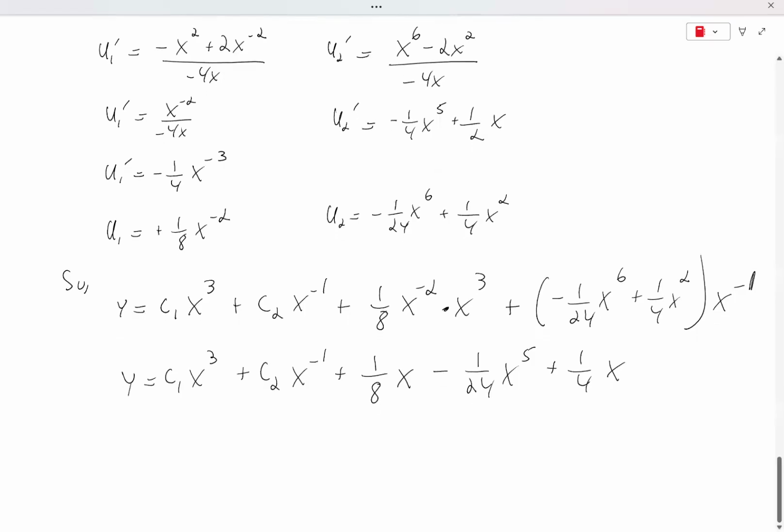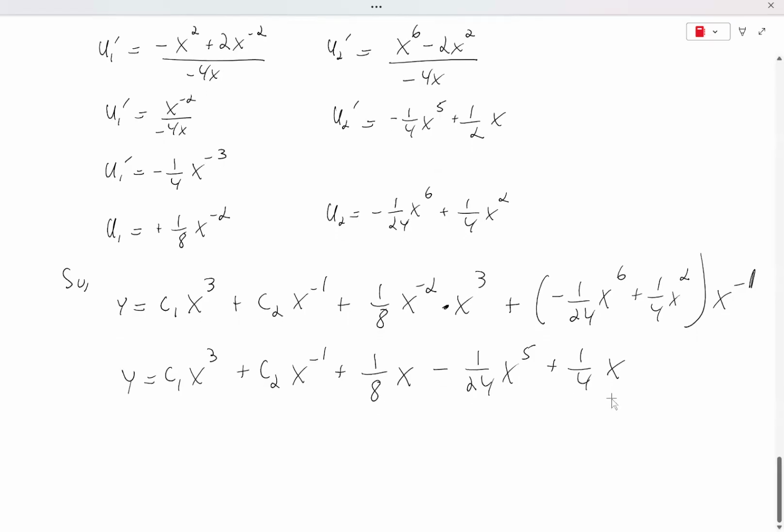And I already have a 1/8 x there, so I can put those together, I guess. So y equals c sub 1 x cubed plus c sub 2 x to the negative first, plus, and this would be an eighth plus a fourth, I think it's 3/8 x minus 1/24 x to the fifth. Assuming no mistakes in it, which is questionable, but that should be it there.